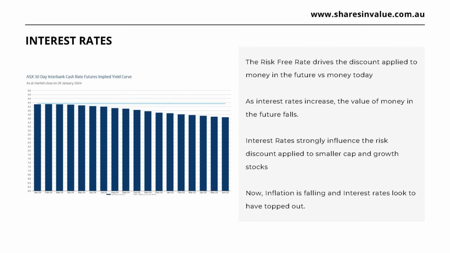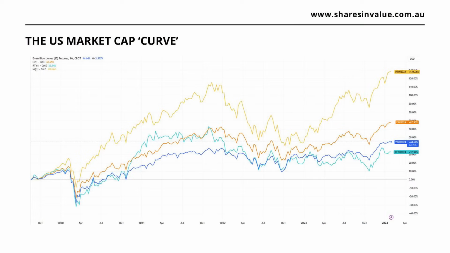I'll just go through a few charts to highlight what we're looking at with the small cap, large cap divergence. This is the 4 big stock market indices in the US. Right at the top there in orange is the NASDAQ. Down from that, we've got the S&P 500. Right at the bottom in the pale aqua is the Russell 2000, which is the small cap index.